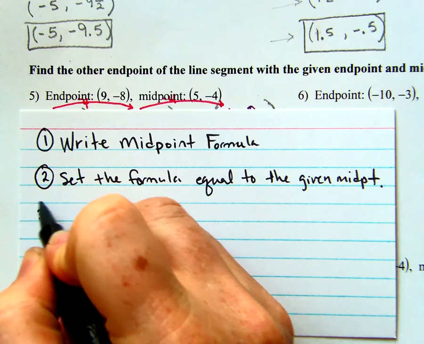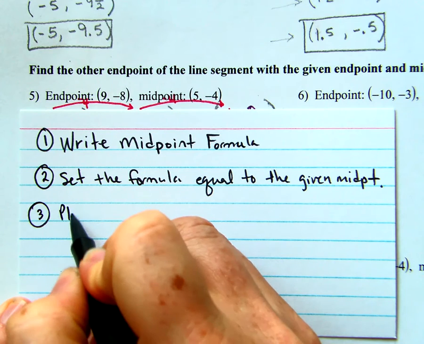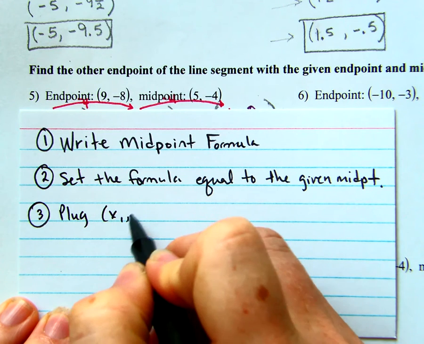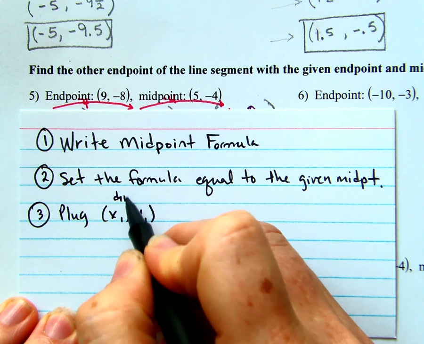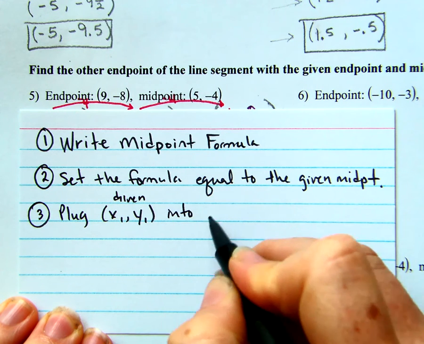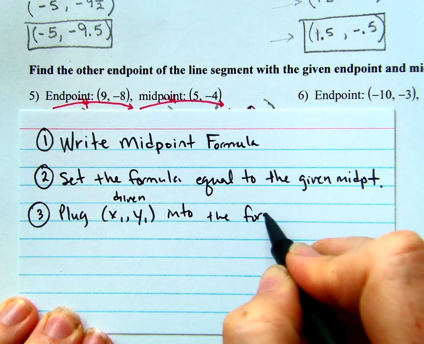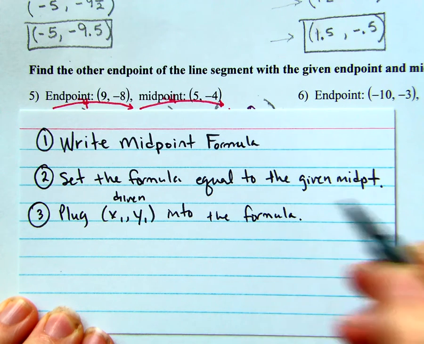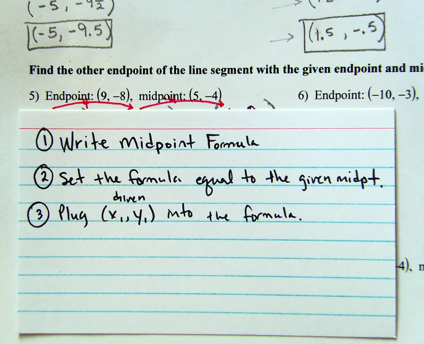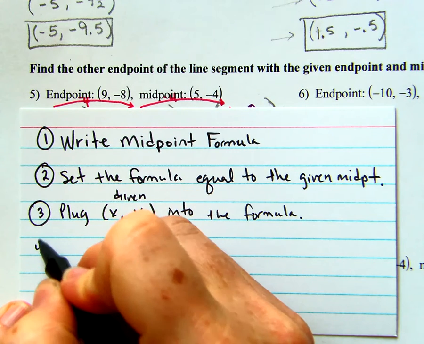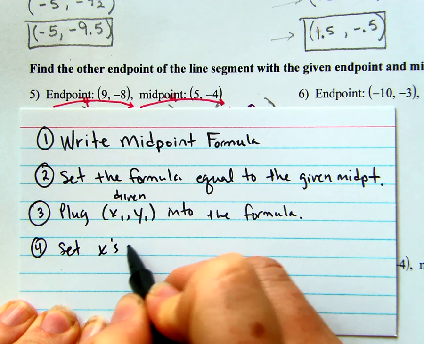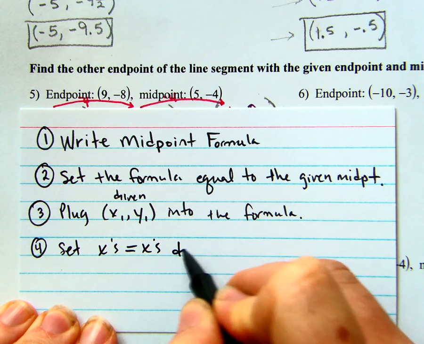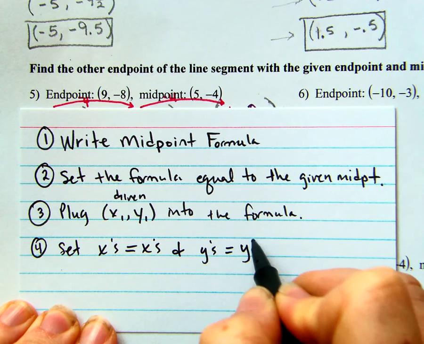After I do that, then I'm going to plug x1, y1, which is going to be given, into the formula. Once I plug x1, y1 into the formula, then I want to set x's equal to x's and y's equal to y's.